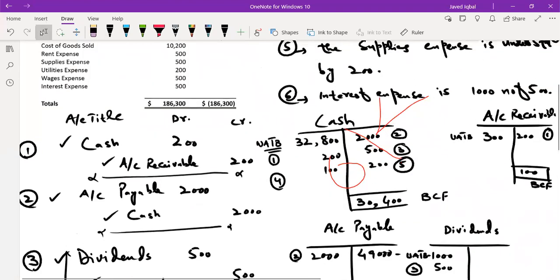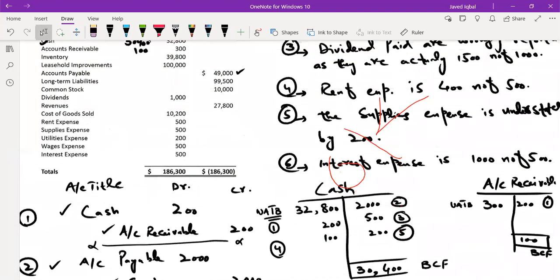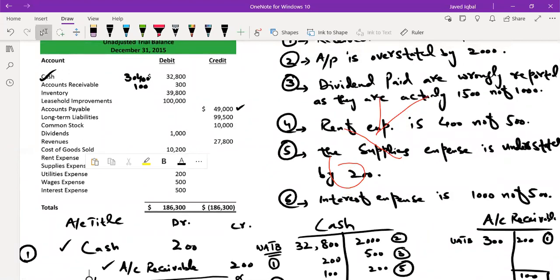Okay, we have accounts receivable 100. Inventory is unchanged, so the amount should be 39,800. Leasehold improvements have not changed, so this amount should be unchanged. Then accounts payable did change.